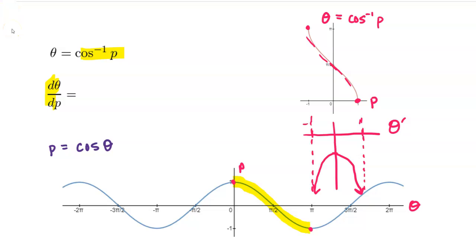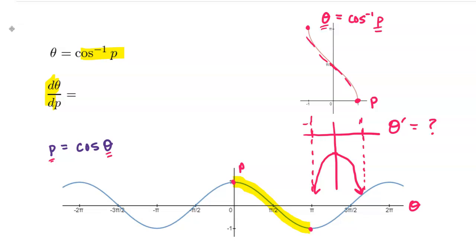Now that we have an idea of what the graph of the derivative of inverse cosine looks like, let's use implicit differentiation to actually figure out what is the equation for the derivative, theta prime. Now remember, if theta is equal to the inverse cosine of p, then p is equal to the cosine of theta.